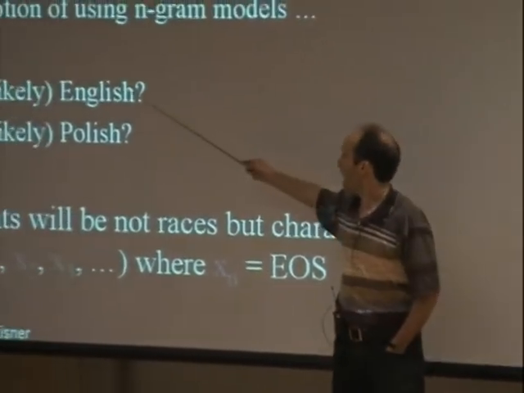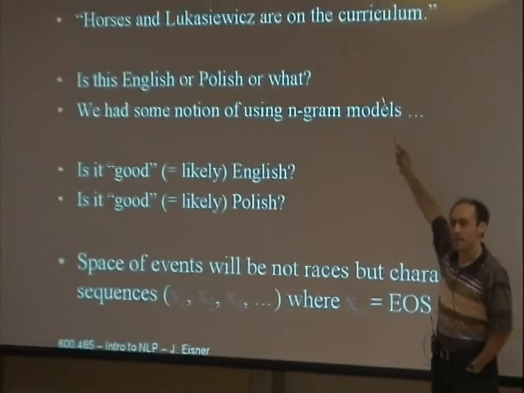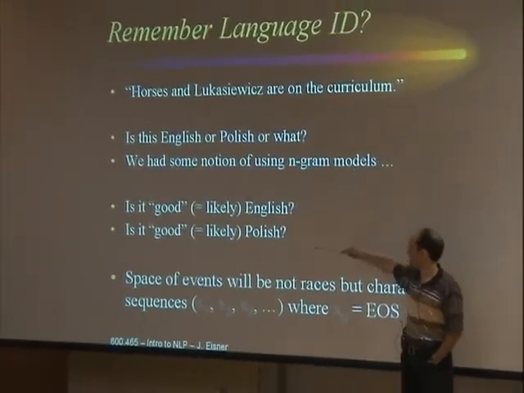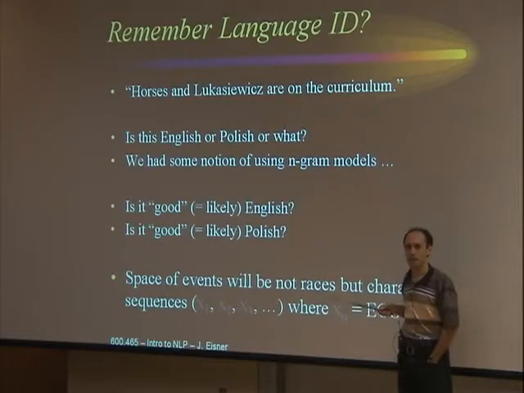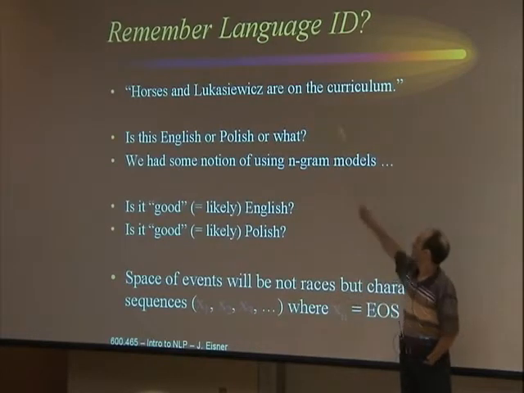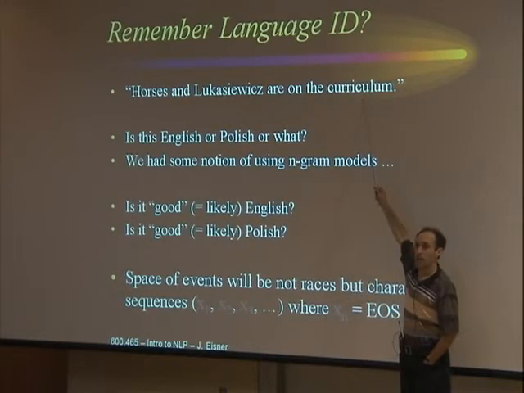So we can ask, what's the probability of generating that sentence using English monkeys or English dice? And also, what's the probability of doing it using Polish monkeys or Polish dice? If one of those probabilities is much higher, then it's a good bet that that's the actual language this came from. Of course, this is hugely unlikely to be generated from either kind of monkey.